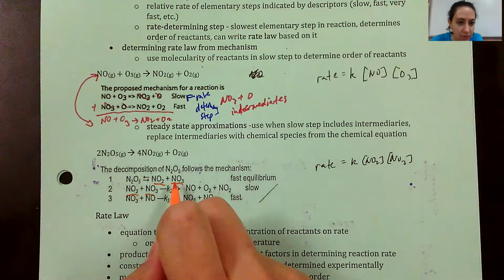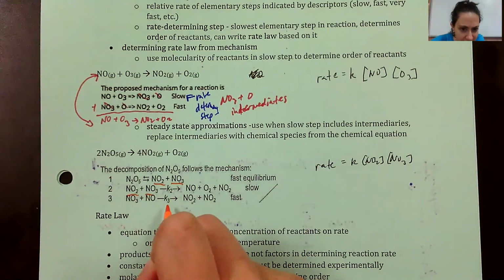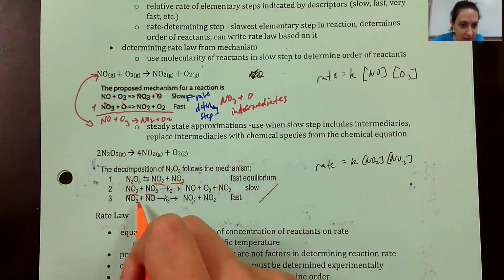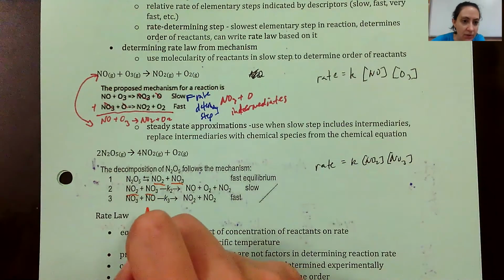Is there an extra NO3 lying around? This is a weird mechanism. I'm just checking. I feel like there's an extra NO3 that didn't get canceled out. Oh, there needed to be a two there probably.